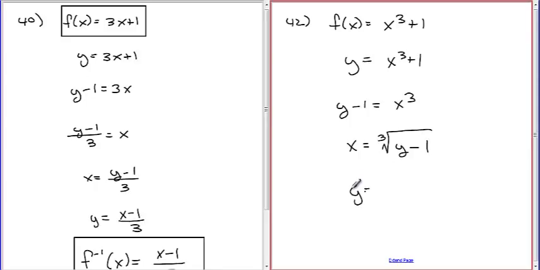You switch the variables, y is equal to the cube root of x minus 1. And then we don't have to do plus or minus here because it's an odd root. So then you say the inverse function is the cube root of x minus 1.